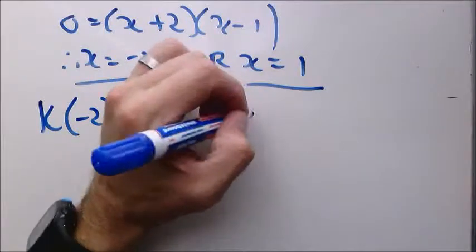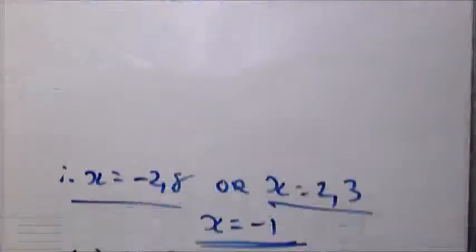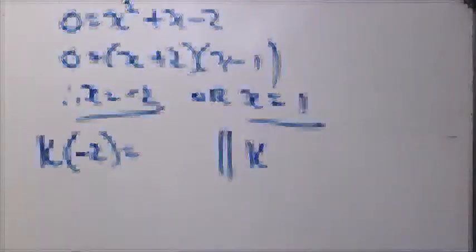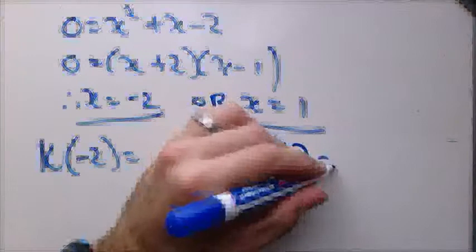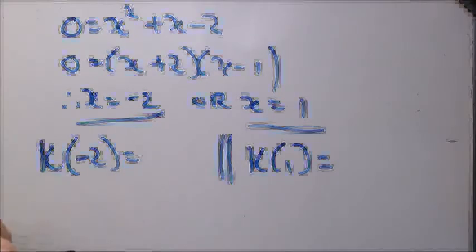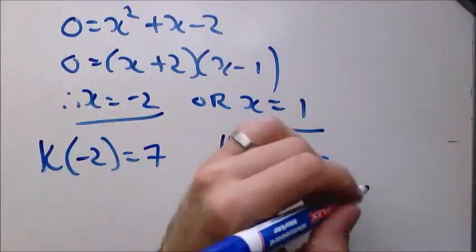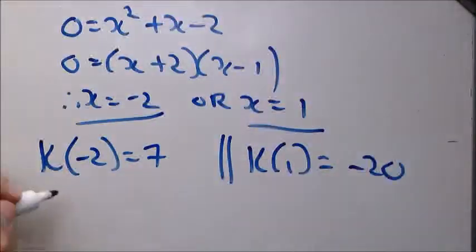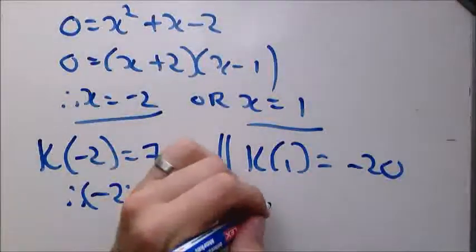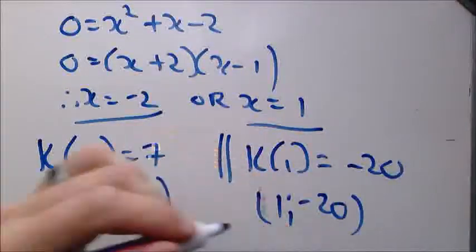Not the derivative, because if you substitute into the derivative, you're just going to get 0, because these are the values where the derivative equals 0. So now into the original equation, and then you get values of 7 and negative 20. Therefore, these are the coordinates of our turning points.